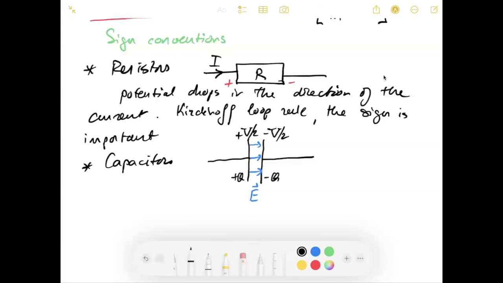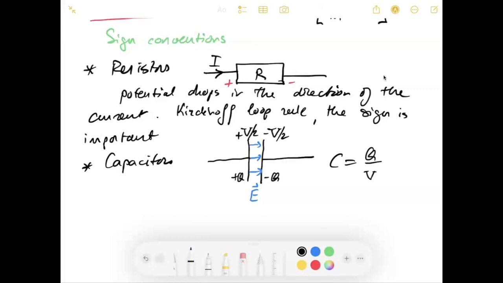So when we write C is Q over V, we are assuming such a distribution, a plus V over 2 on one side, a minus V over 2 on the other side. So the potential difference is V, but the charge difference is actually 2Q. Okay? This is a neutral object.